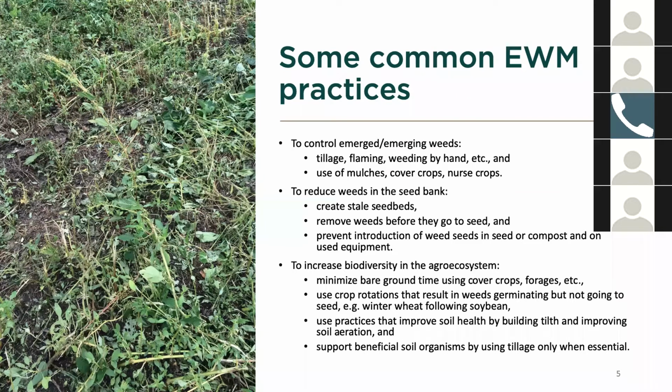Then we talked a lot about the use of biodiversity in the agroecosystem. One of the things that you want to do is to minimize the amount of time that you have bare ground. So this is where using cover crops, for instance, comes in. Try to never have an extended period of time where there's not something growing. This helps to encourage microbial life, amongst other things, and it reduces the amount of space where weeds can grow between crops.